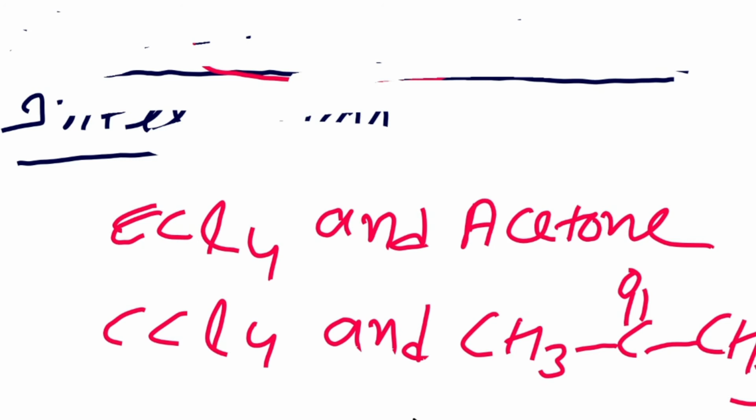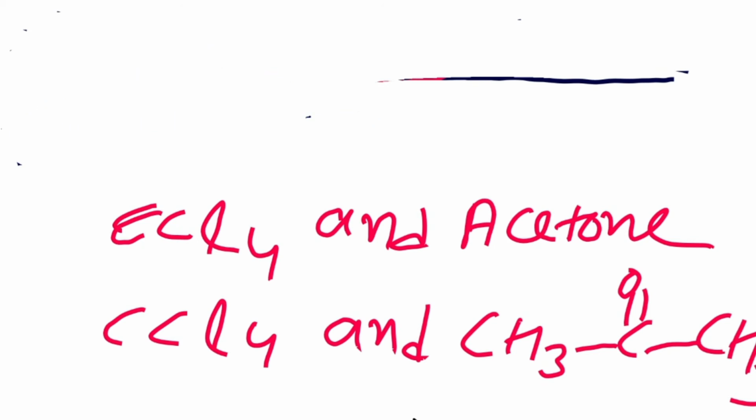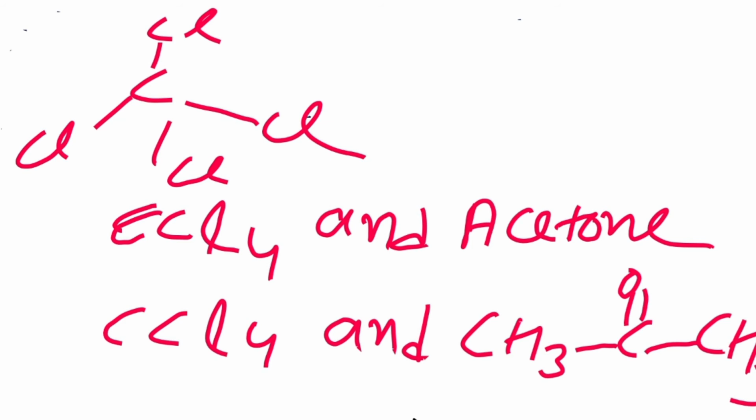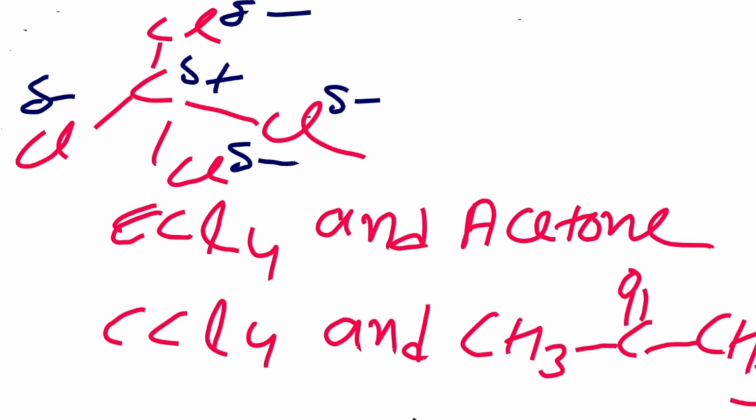And student, after that you can see one thing more, that the CCl4 molecule, I will draw structure of CCl4 molecule in front of you. What is going to happen over there in the CCl4 molecule? CCl4 molecule is usually called non-polar molecule. I think you know very well why it is called non-polar molecule. देखो, it is showing the dipoles, but still it is non-polar because it is having a symmetrical structure.